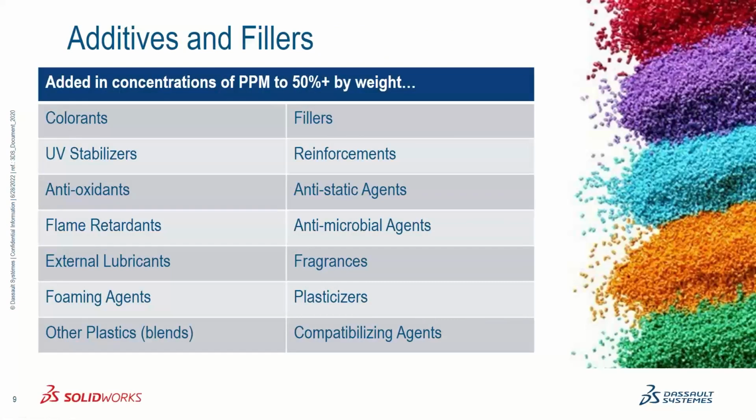Now, the next important thing to consider about materials is things known as additives and fillers. Additives and fillers are organic or inorganic compounds that are added to a plastic material in order to give the plastic either a specific property or a specific set of properties.